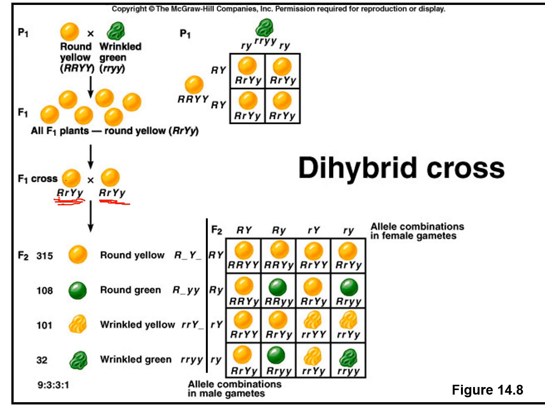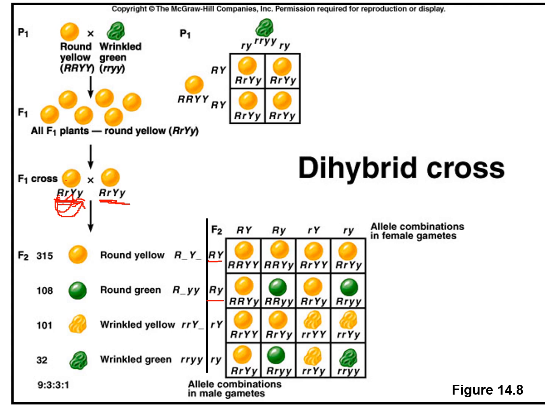So to get your possible gametes for these, what you would do is you would just look at both of these genes and you would say, well, big R could go with big Y, so there would be one gamete. And then you could say, well, big R could also go with little y, so there is another gamete.